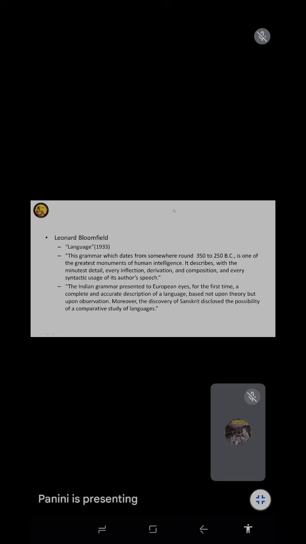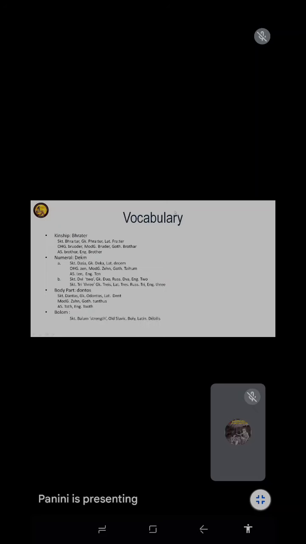And these families of languages were considered on the basis of these basic vocabularies. One is the kinship terms, another is the numbers, another is the body parts, another is the verbal roots. So those languages which are common in these aspects were considered to be one family.